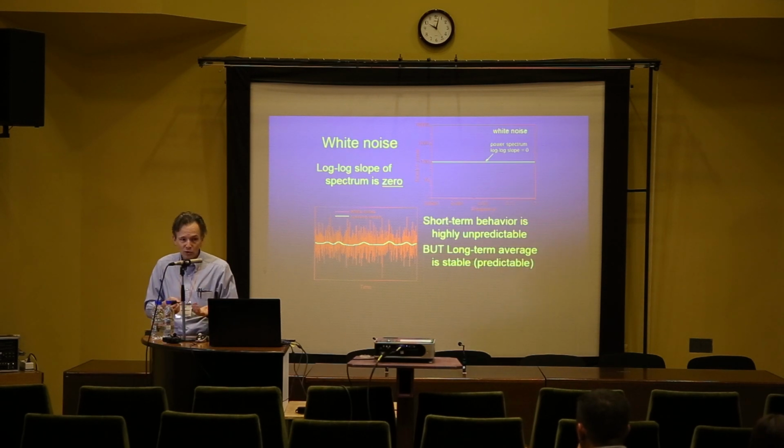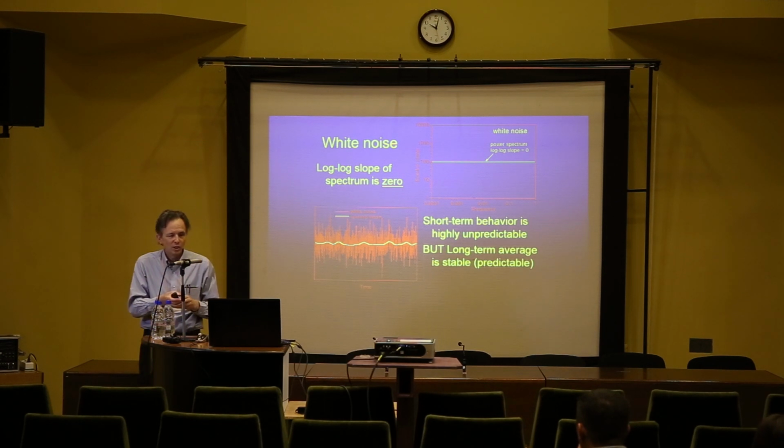So if we have white noise, which is a sequence of random uncorrelated numbers, we will have a power spectrum slope of 0. This is a plot again of spectral power, or the square of the amplitude, against frequency, or we can do it the other way and plot it against wavelength. In any case, in white noise, you get a roughly flat line of roughly equal power as a function of frequency.